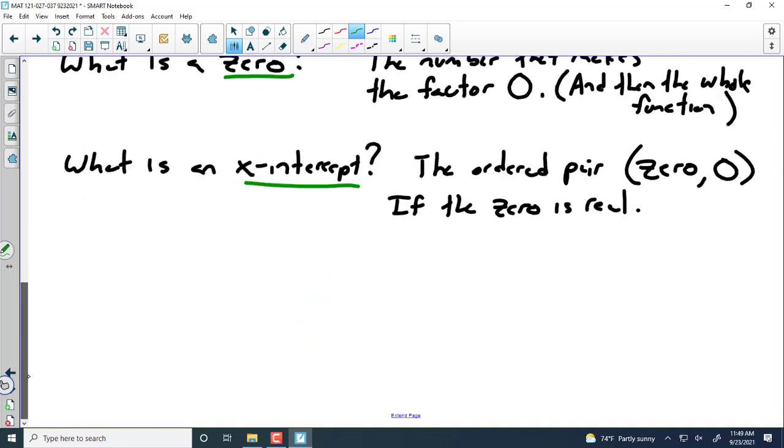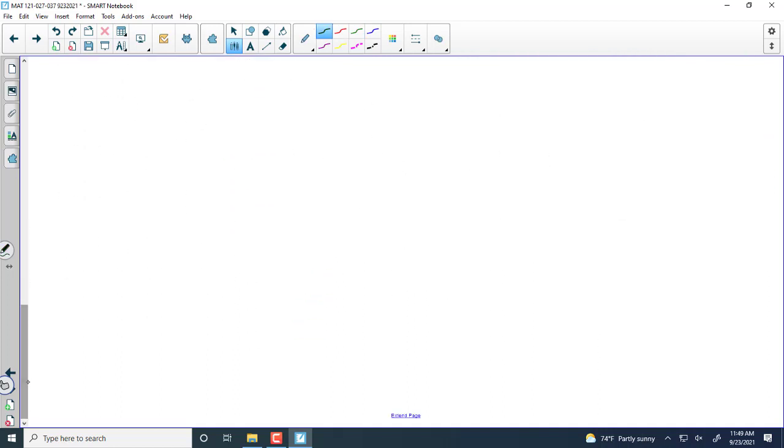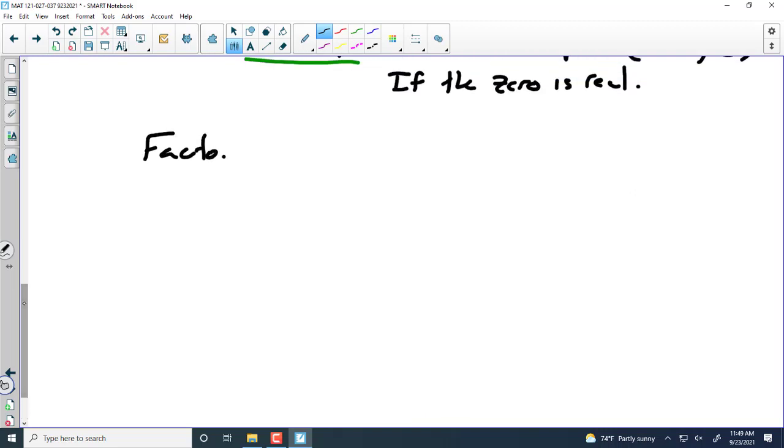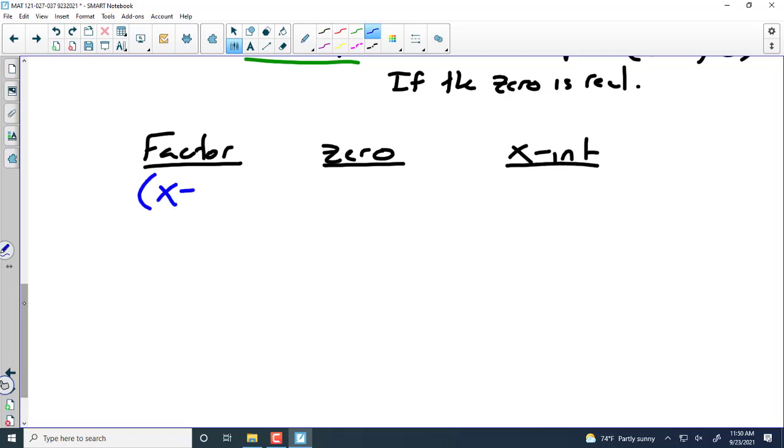To the point where I'm actually going to show you a little table. Look at this right here. All right. Let's say we know x minus 7 is a factor of our polynomial. What's the 0 that goes with that factor? 7. What's the x-intercept that goes with that 0? (7, 0) is an ordered pair.